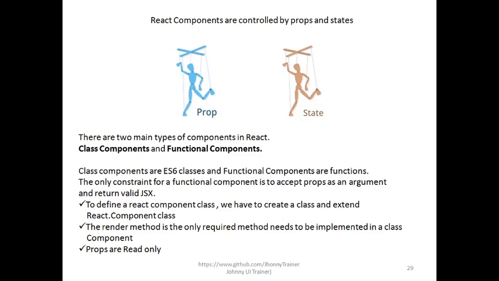It will accept props as an input and return the React elements that should be shown on the UI. These components can be created using function components or class components. Today in this session, we will discuss functional components.